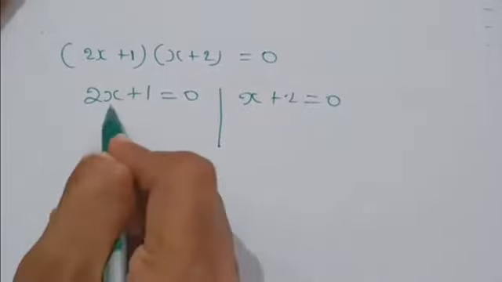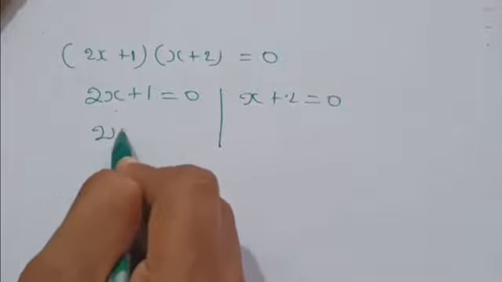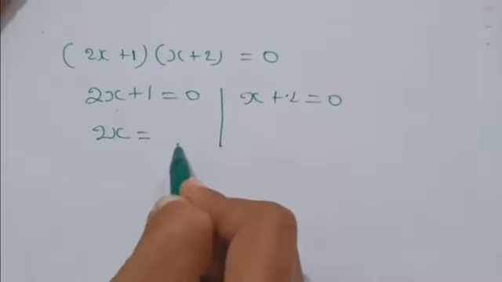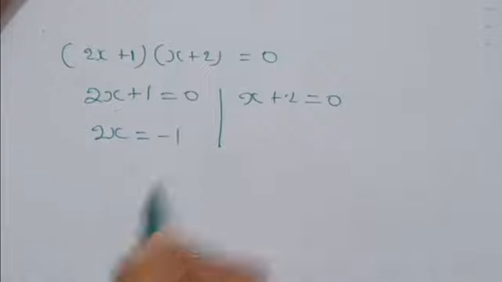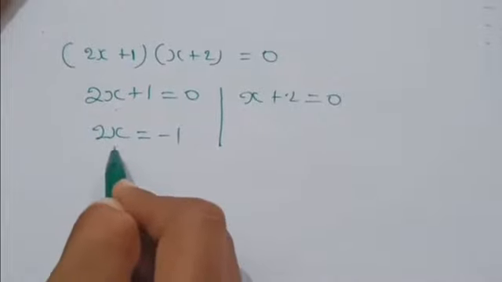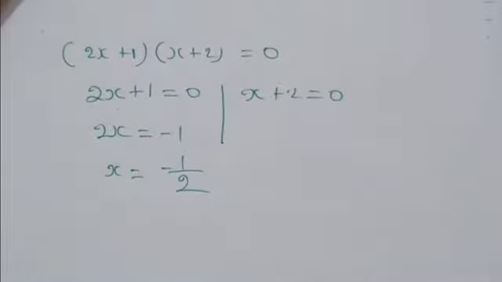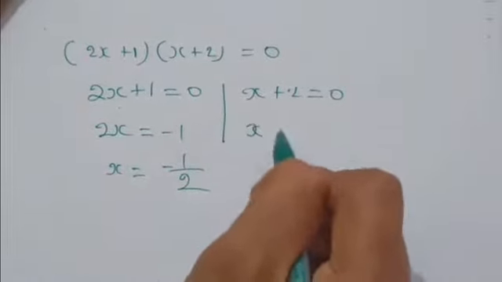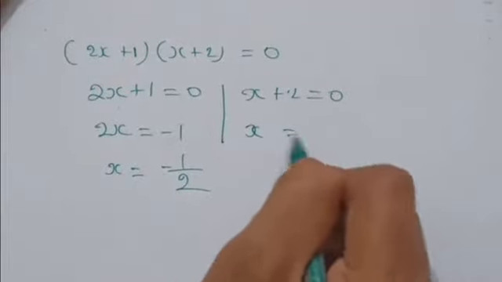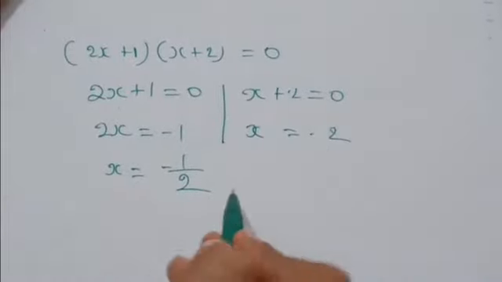So therefore, 2x equals plus 1. If you send plus 1 to the right hand side, it will become minus 1. So therefore you need the value of x. So therefore x equals minus 1 by 2. Simple. Okay. Now here also x, so send the plus 2 to the right hand side, it will become minus 2. So therefore what are the roots?